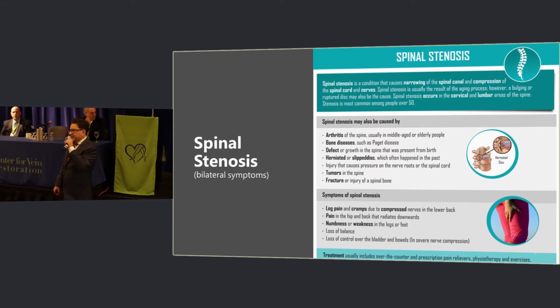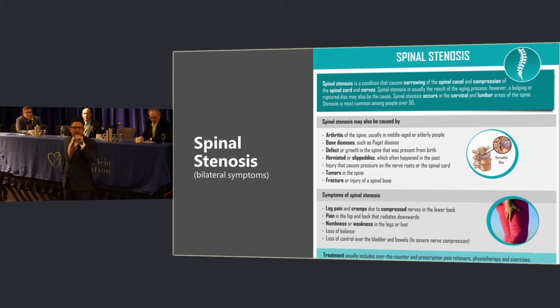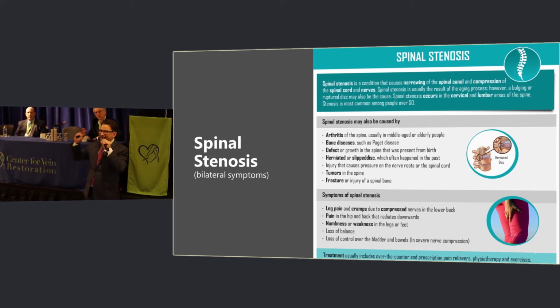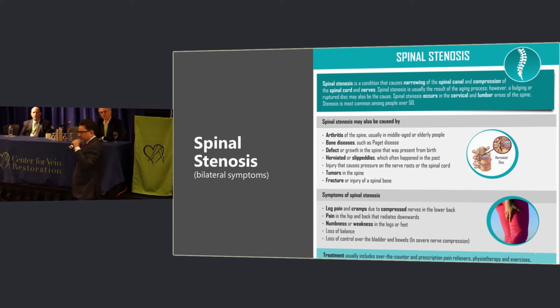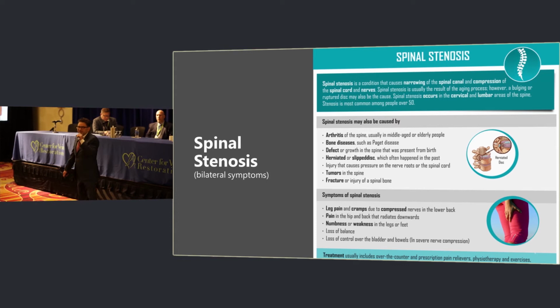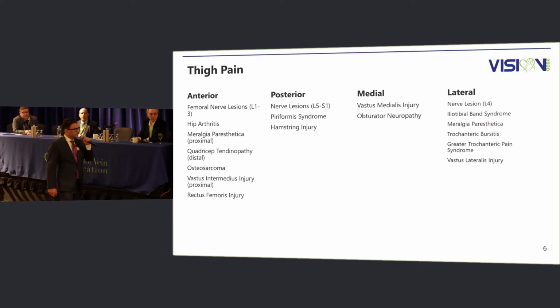If you have neuropathic pain, so pain or numbness, burning pain, that radiates from the buttocks down the leg to the foot, and it's bilateral, think spinal stenosis. Arthritis and disc herniation are common causes of spinal stenosis.